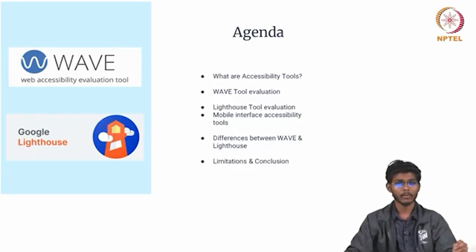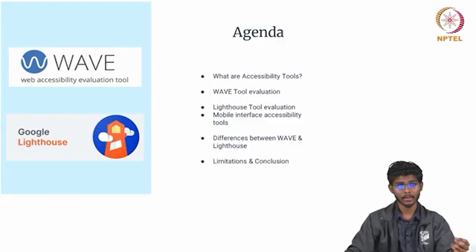And also we will be seeing in this session, apart from the web accessibility tools, how it can be extended to mobile interfaces, like which tools we can use in the mobile interfaces, like default tools for Android and even in iOS.